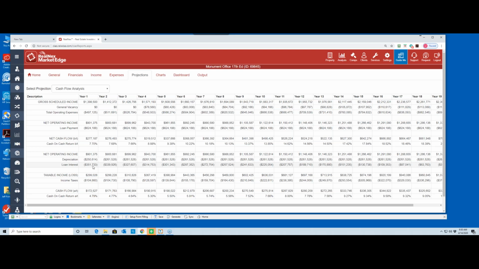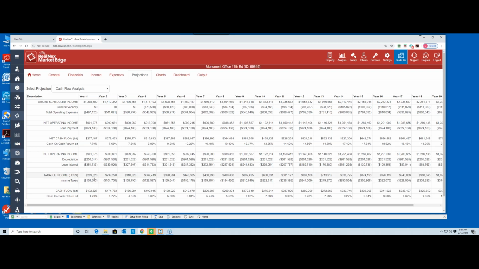Our loan interest, not the total loan payment, but just the loan interest, is tax deductible. So subtracting out our depreciation and our interest from our net operating income gives us taxable income, or if there were a loss, it would have a negative there. And that would be used then to calculate our taxes based on the tax rate that we had input. I think that was 35%, so 35% of the taxable income.